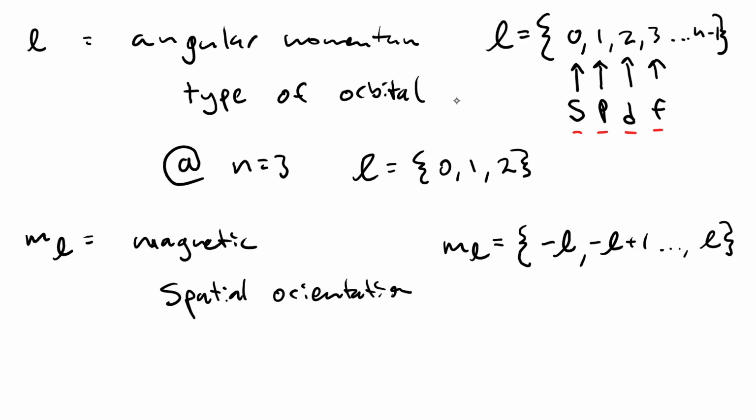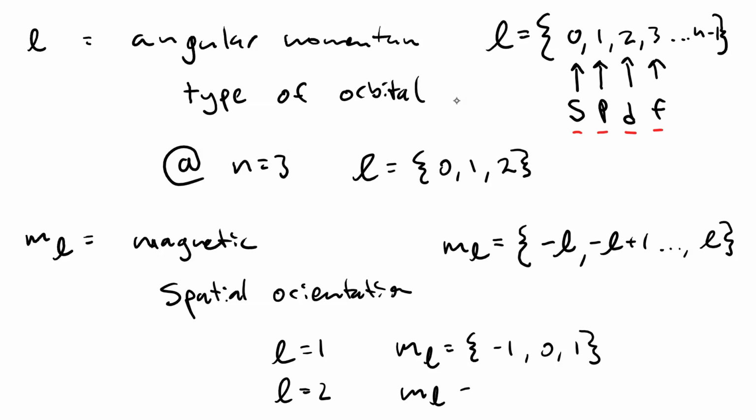This means that, say you have L equals 1, then your M sub L values are negative 1, 0, and 1. When L equals 2, your M sub L values are negative 2, negative 1, 0, 1, and 2.